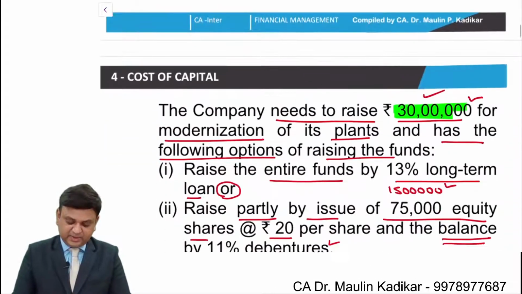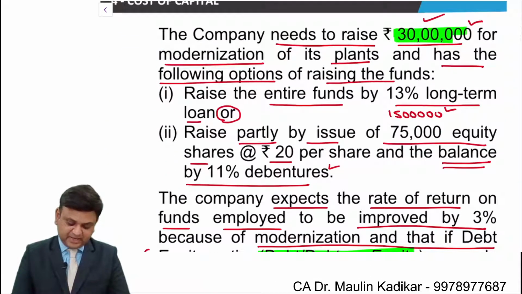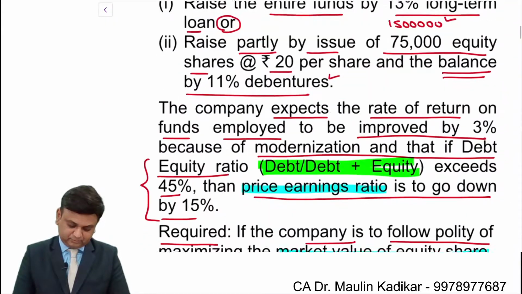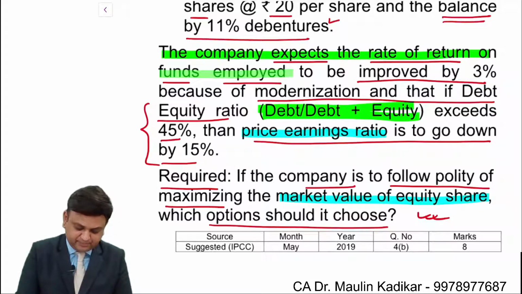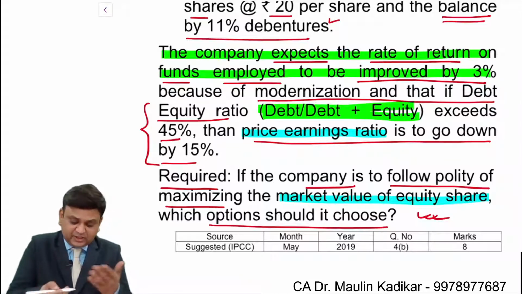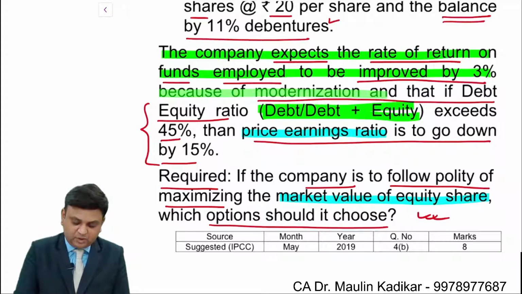The question provides the information that the company expects the rate of return on the funds employed to improve by 3% because of the modernization of the plant.